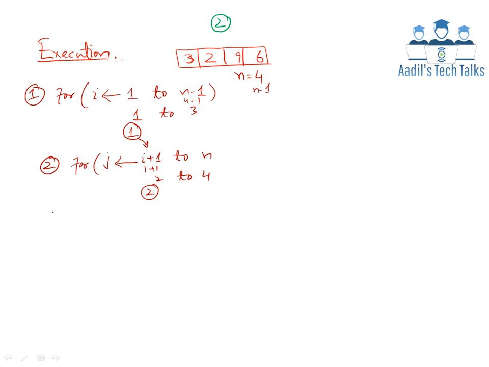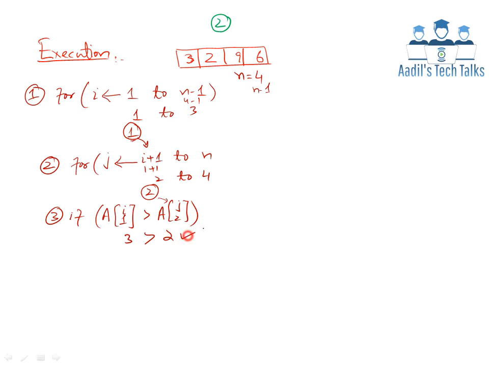Now we come to the third step. If ai is greater than aj. Now the value of i is 1, the value of j is 2. At a1 we have 3, at a2 we have 2.